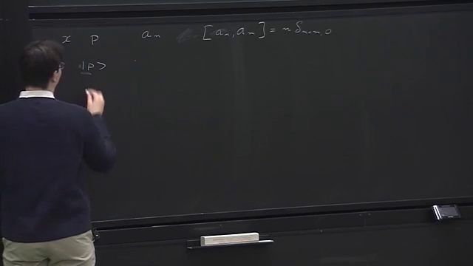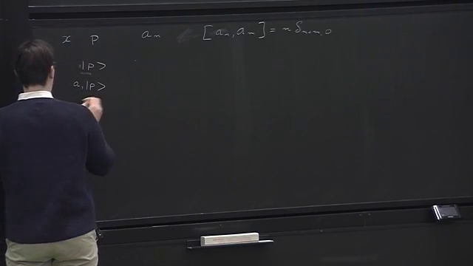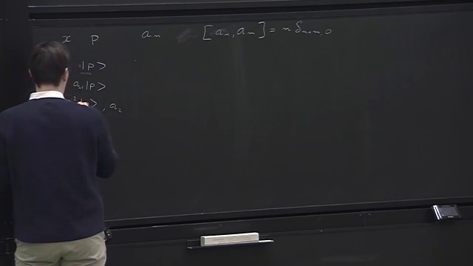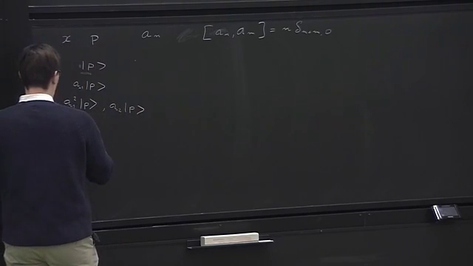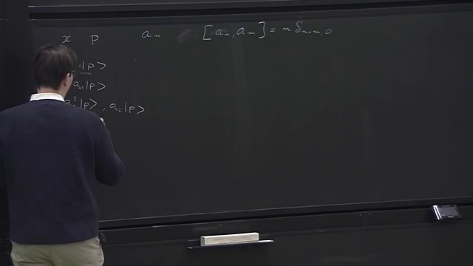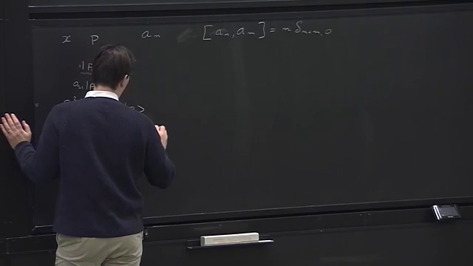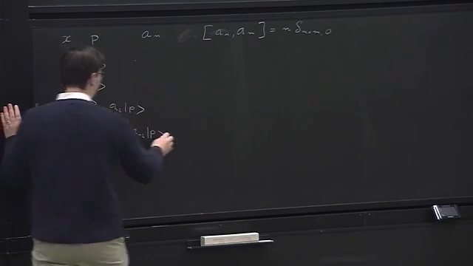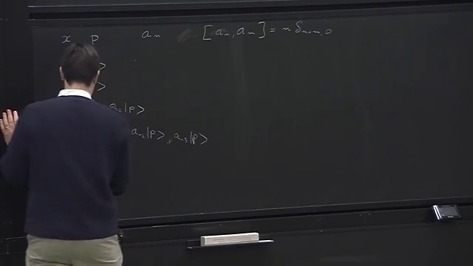So you start with p, then you have a1 p, a1 squared p, and a2 p, sorry, a minus 2 p, a minus 1 cubed p, a minus 1 a minus 2 p, a minus 3 p, etc.